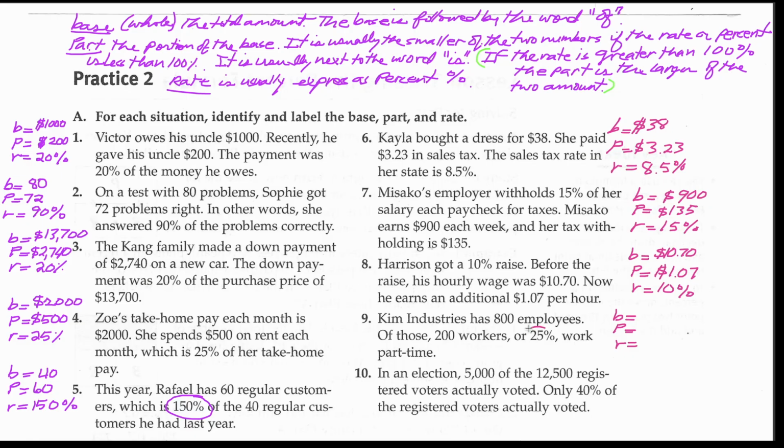So 25% determines that the 800 employees is going to be the base. Of those, 200 workers is going to be the part. And the 25% is the rate.